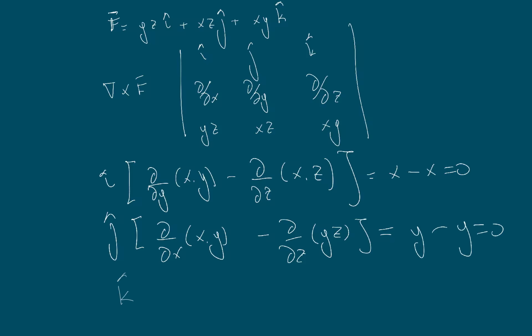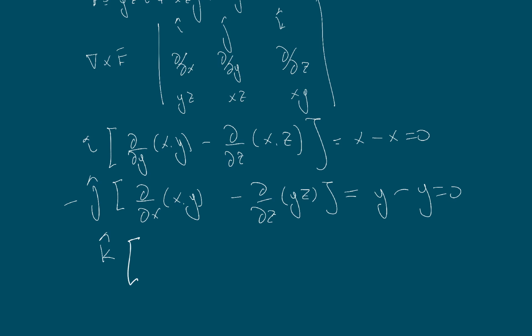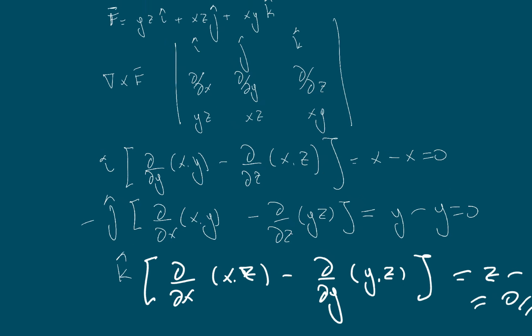And the k component, where you have a minus sign, doesn't matter because it's 0. The k component is the derivative with respect to x of xz minus the derivative with respect to y of yz. The derivative with respect to x of xz is z, and the derivative with respect to y of yz is also z. So this is 0, so the vector field is conservative.